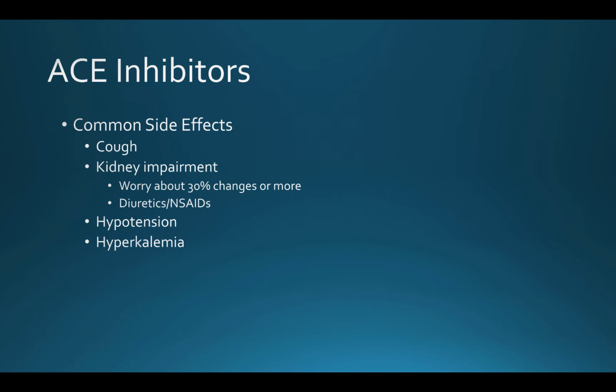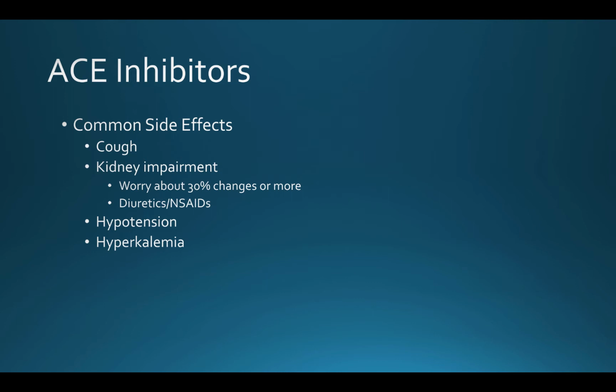Kidney impairment. So we want to check kidney function following starting and increasing doses of ACE inhibitors. Typically, it's usually a 30% change that we worry about. So if you've got a creatinine at 1.1 and a patient goes up to 1.2 on next lab check, 2 weeks, 4 weeks after starting an ACE inhibitor, it's probably not something you're going to worry about.